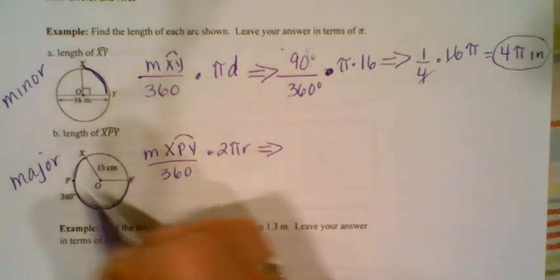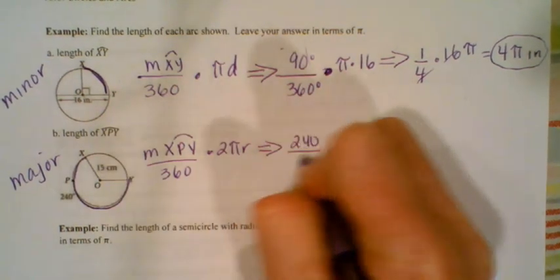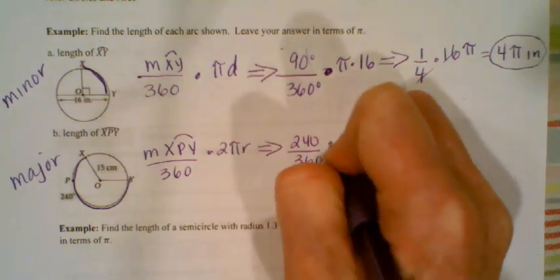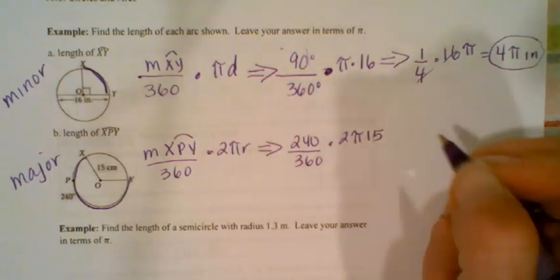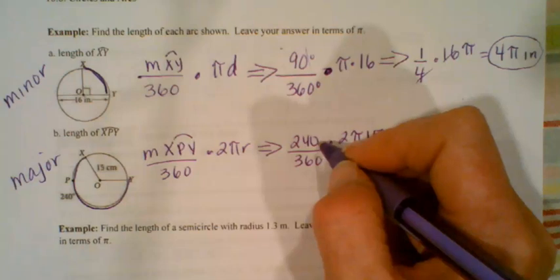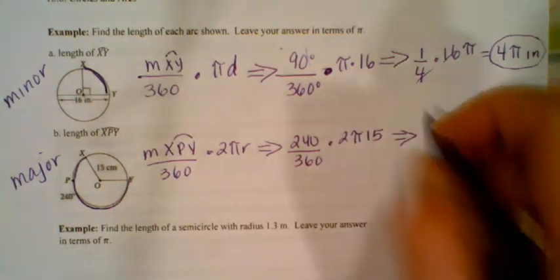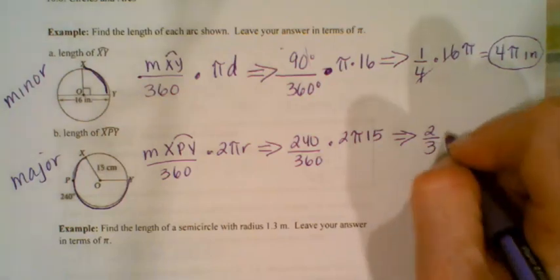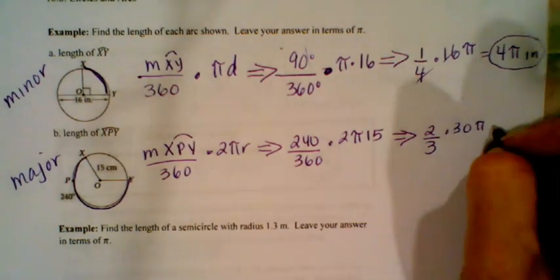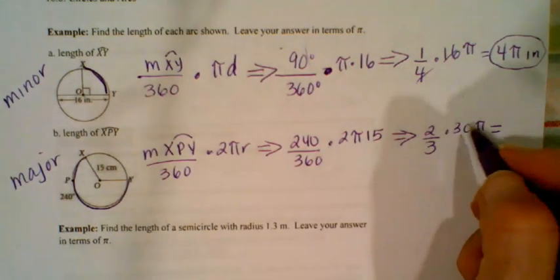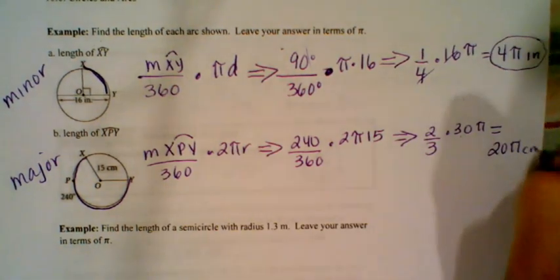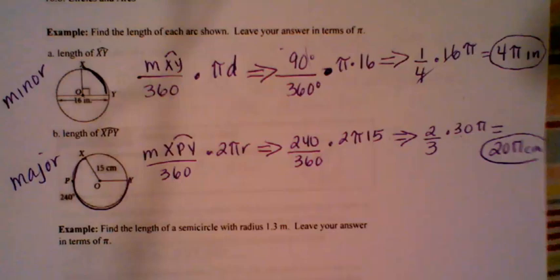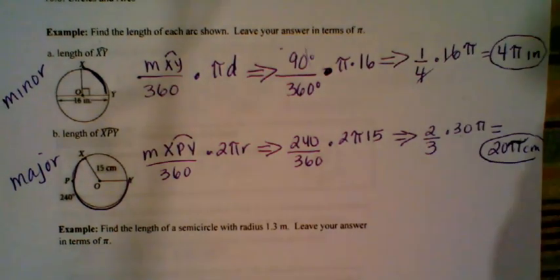So it tells us that this is 240 degrees, so 240 out of 360 times 2 pi times 15. Okay, 240 and 360, the zeros would cancel out. You'd be left with 2/3 when you reduce that, times 30 pi. 3 goes into 30 10 times. 10 times 2 is 20. So you get 20 pi, and that is in centimeters. So that arc is 20 pi centimeters long.